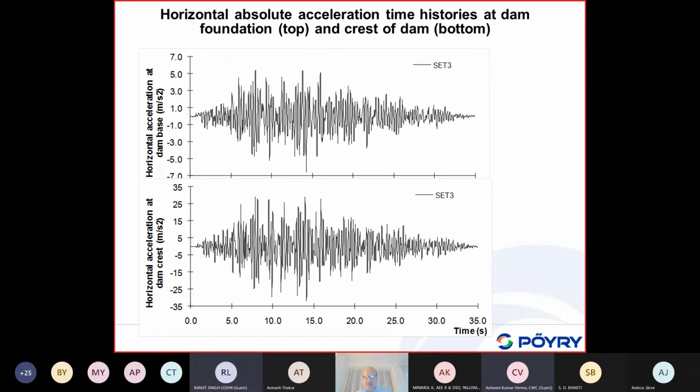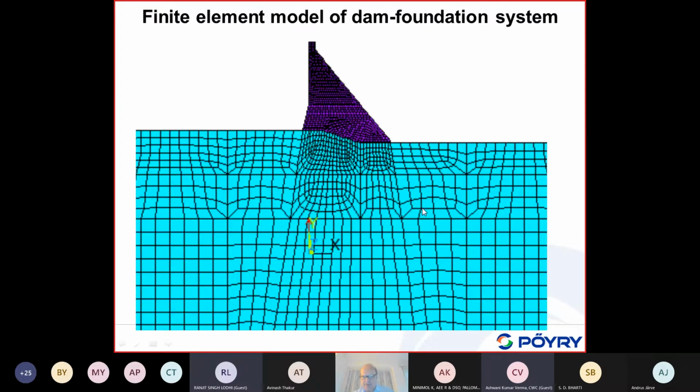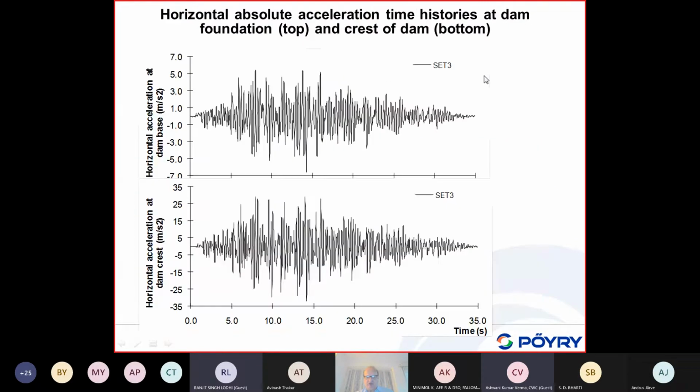Now, based on this dynamic analysis, we can calculate the acceleration at the base, at the crest, and at each elevation. But what is shown here is just the accelerations.